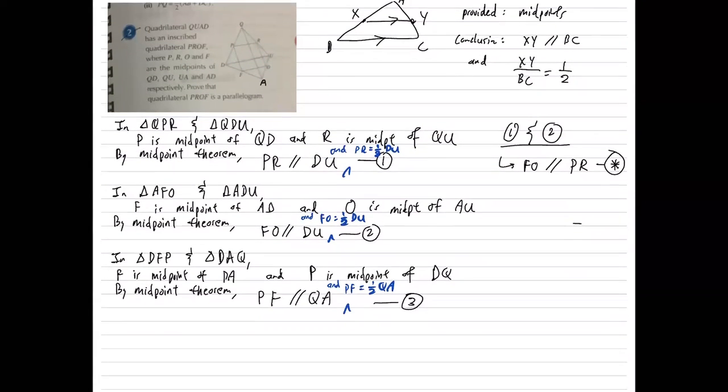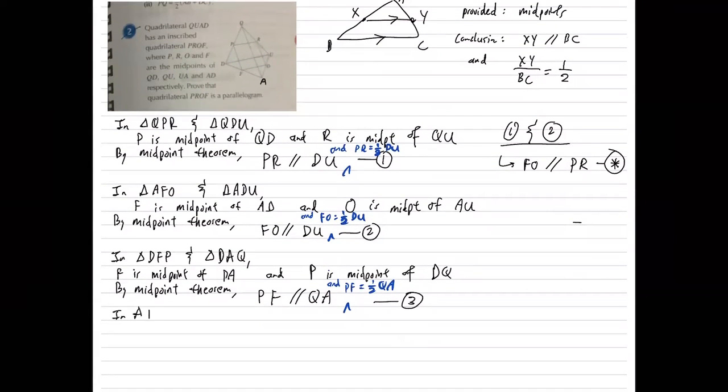So in triangle RUO and triangle QUA, R is the midpoint of QU, and O is the midpoint of UA.